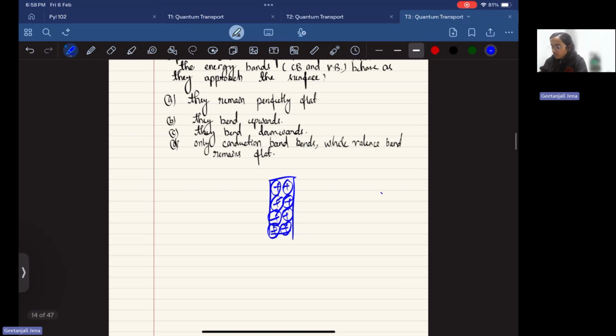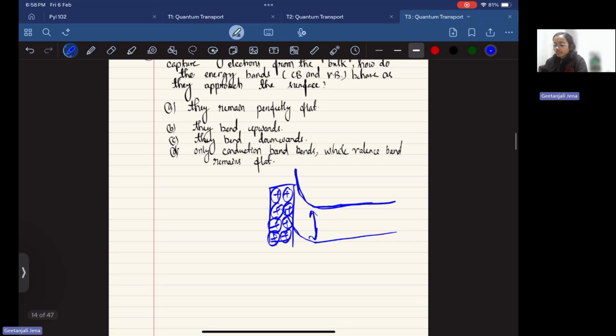In the bulk, the bands will remain as they are. But when moving toward the surface, because of this charge buildup, the potential will increase for the N-type, so they will bend upward. To maintain the band gap, the valence band also bends upward. So both the conduction band and the valence band bend upwards at the surface of an N-type semiconductor. Similarly, for P-type, they will bend downward.